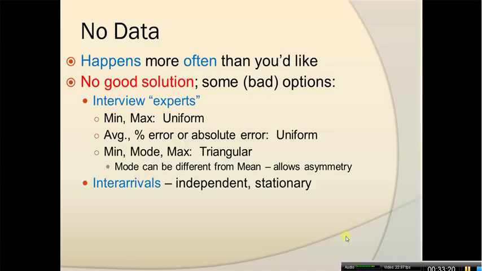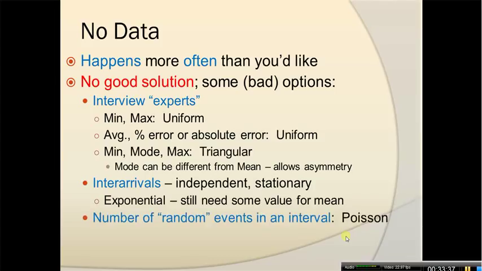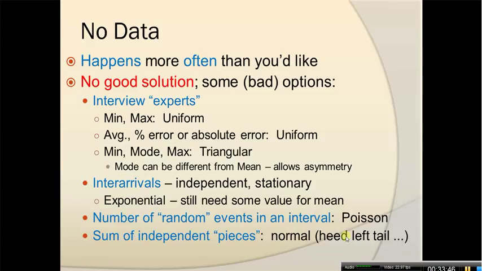For intervals, you can model them as independent and stationary. And so in that case, for intervals, exponential is often the case. But you still need to figure out what kind of value you would use for the mean. And then the number of random events in an interval, right? If you have this kind of situation, the Poisson distribution might often be an answer.